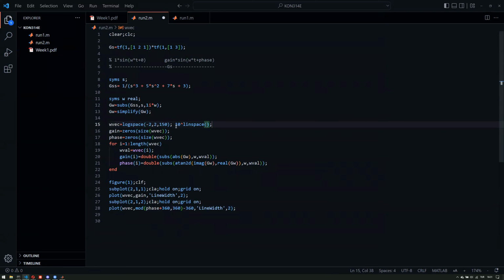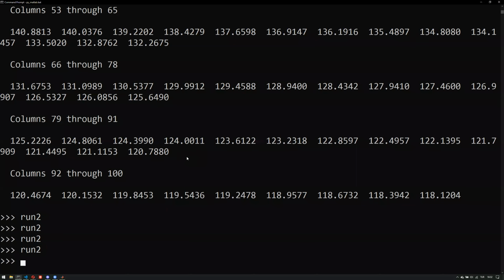So the powers are linearly spaced, but they will be used for the exponent, and you get the logarithmic spacing here. Whereas linspace is just taking the endpoint and starting point difference and dividing it into the number of points, and you get the increment, and yeah, generates you that vector. So we have this omega vector here.